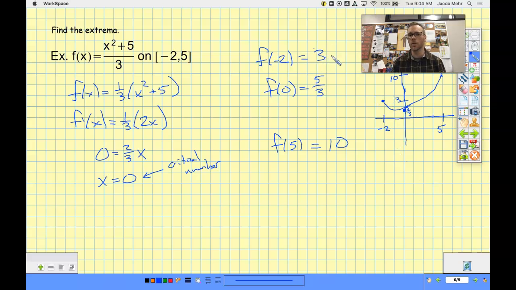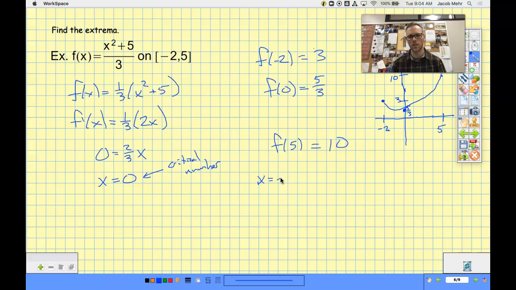At -2, this must be a what? Local or relative maximum. At 0, it is the lowest point on our graph. That is the absolute minimum, and at 5 is the absolute max.